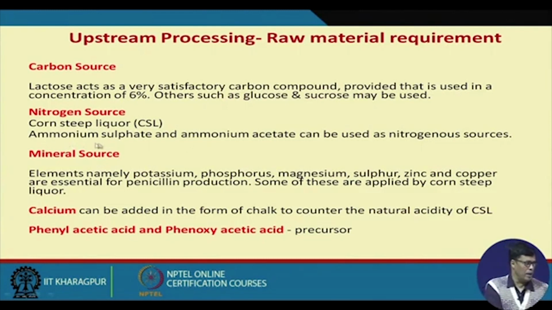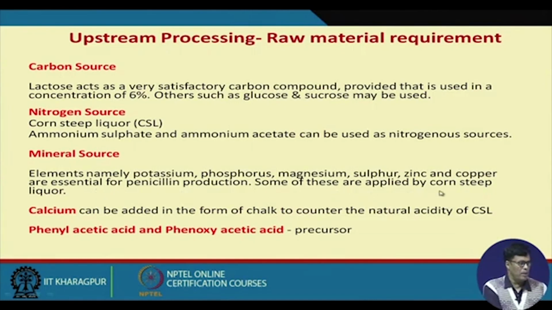The other nitrogen sources are ammonium sulfate and ammonium acetate, which can also be used as a nitrogen source. Different minerals also play an important role; elements namely potassium, phosphorus, magnesium, sulfur, zinc, and copper are essential for penicillin production.